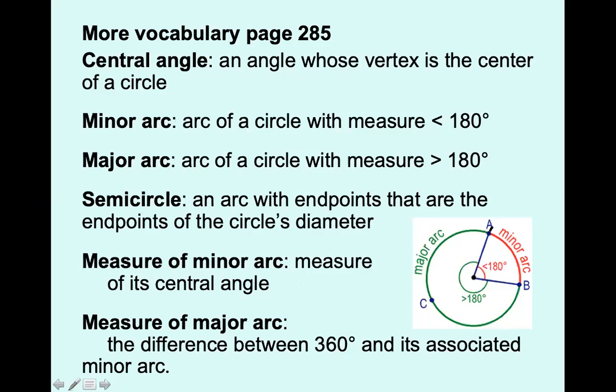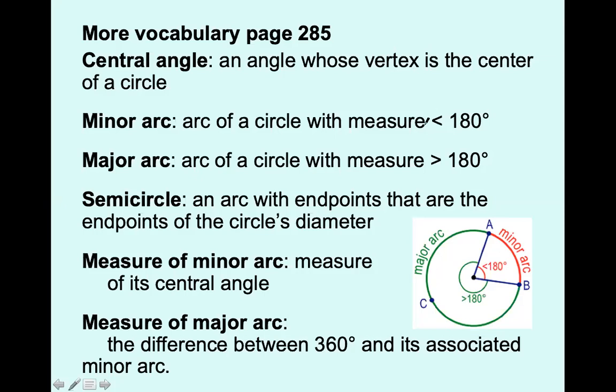So angle A something B, this is a central angle. It has a vertex at the center. And then any other angle that has a vertex right here would also be a central angle.